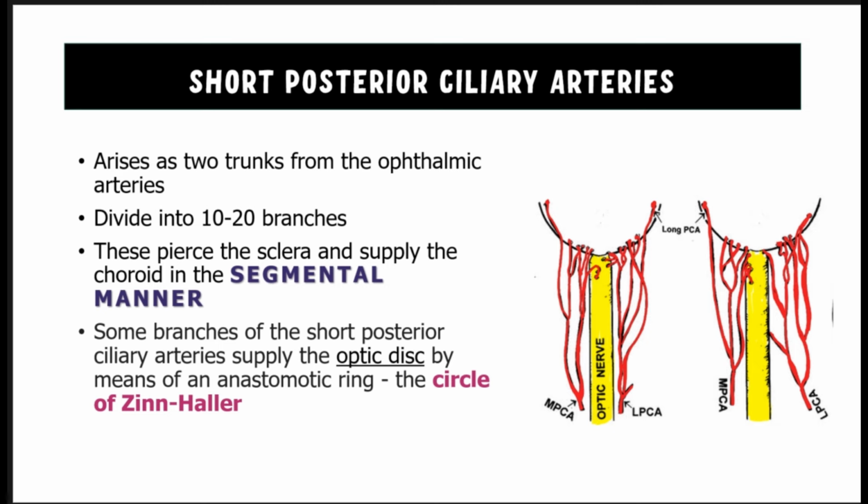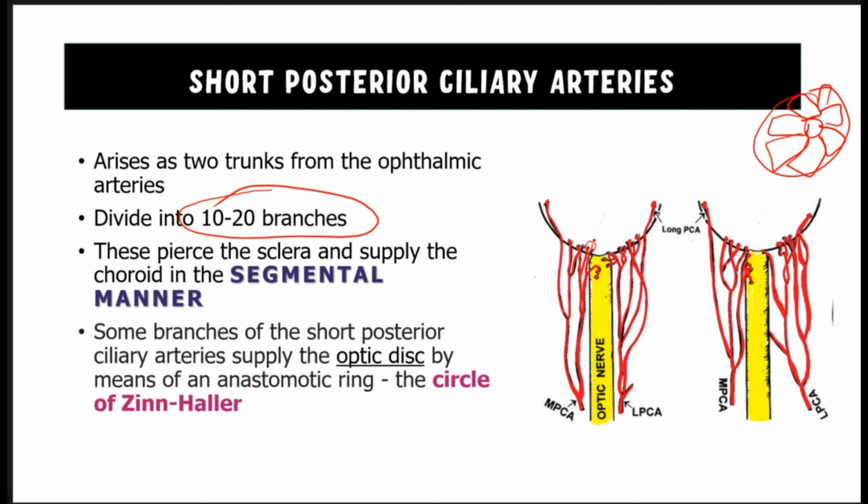They arise as two trunks from the ophthalmic artery, and then divide into 10 to 20 branches. An important point is that they pierce the sclera near the optic nerve, and then supply the choroid in a segmental manner. So they have a segmental distribution.